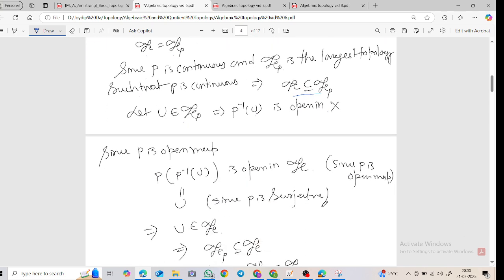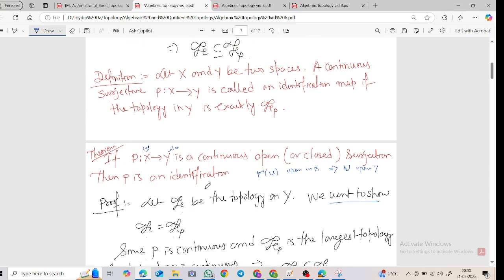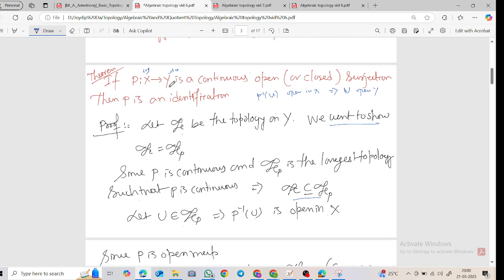Since P is an open map, P of P inverse U, that is U, is open in F, right? So U belongs to script F. Now one thing you need to understand. When we say P is an open map, Y has already been given a particular topology script F. We are trying to show that script F is script F_P.